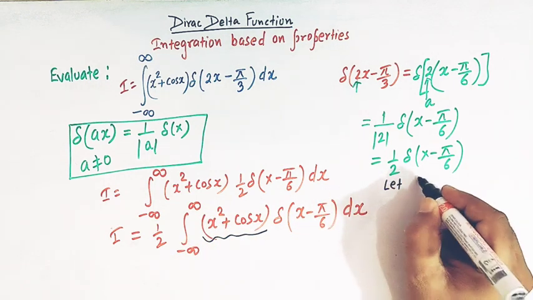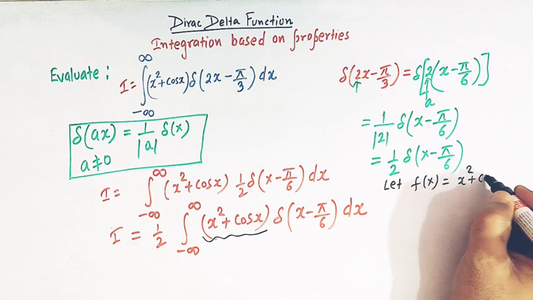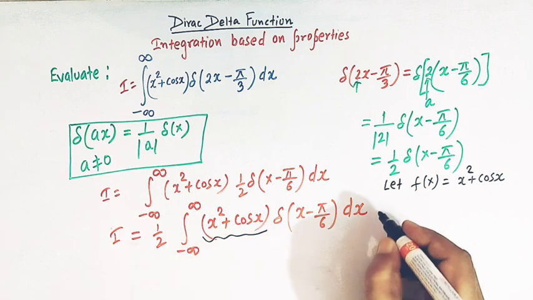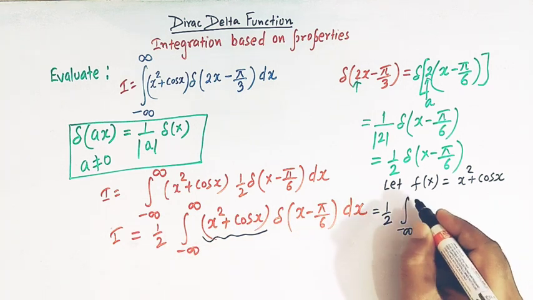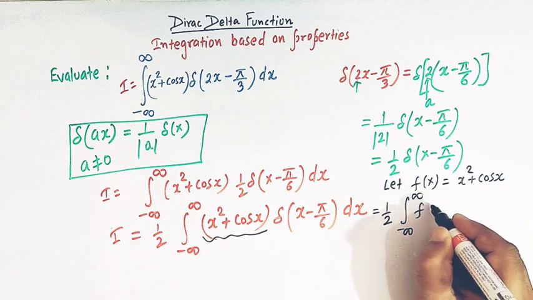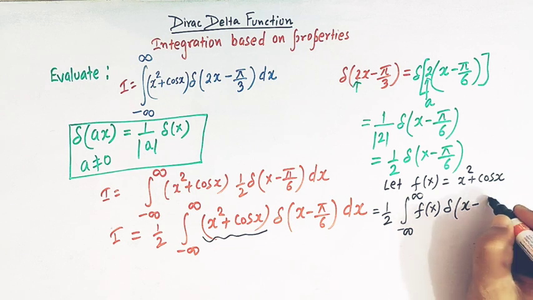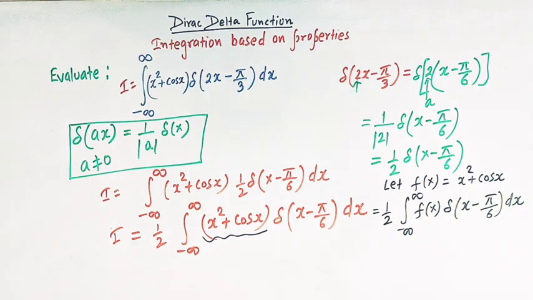Let us take f of x as x squared plus cos x. Now this integral takes the form half times the integral from minus infinity to infinity of f of x delta of (x minus pi by 6) dx.